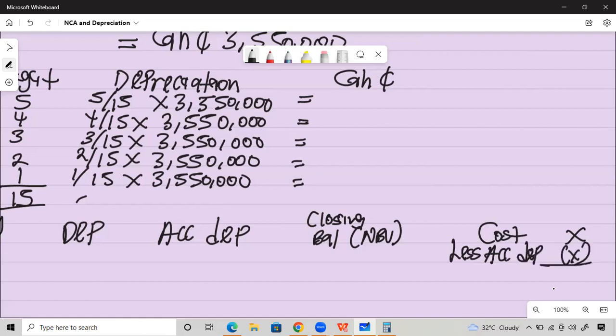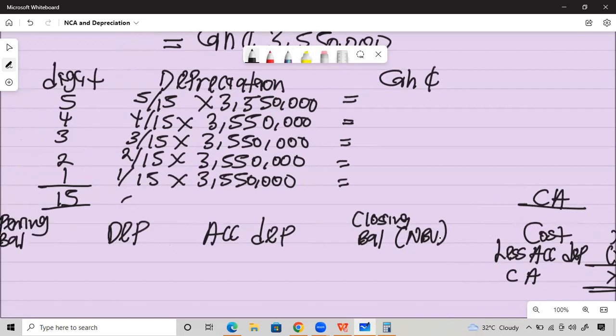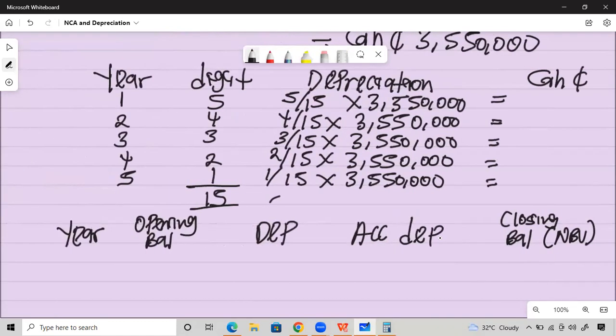It will give you the carrying amount. In the olden days, we called it net book value. So we no longer call it net book value. We call it carrying amount. Okay? So we can now start.